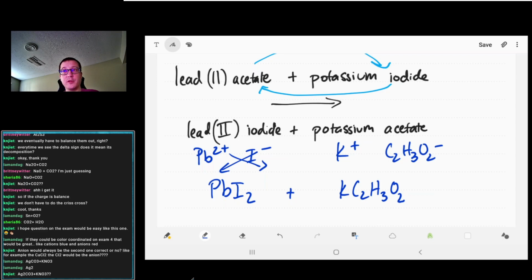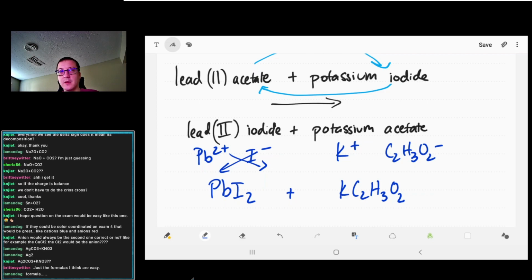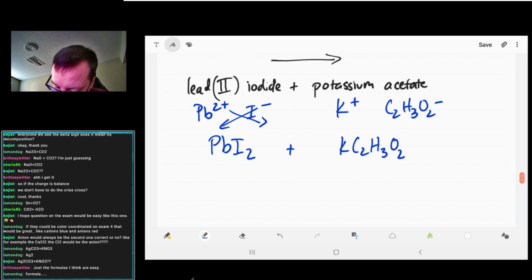Personally, I prefer looking at the formulas, but that's just because I've done this for quite a while, so it's second nature to me. Formulas, I think, okay, yeah, we can do that. Okay, awesome, great. Okay, then we'll do formulas. But just for anyone who does prefer the name way, it'll work every time. Don't worry about that. Okay, let's do another one then.